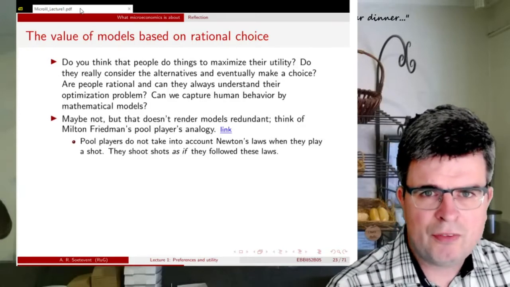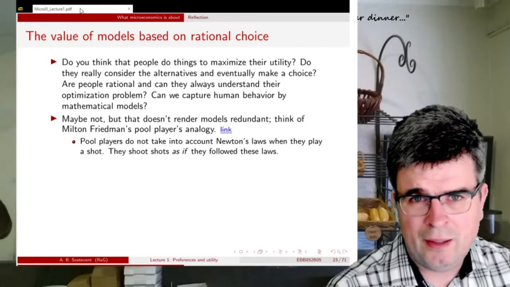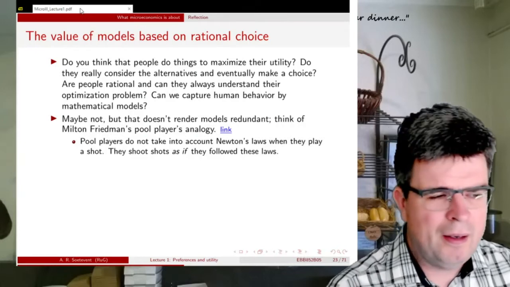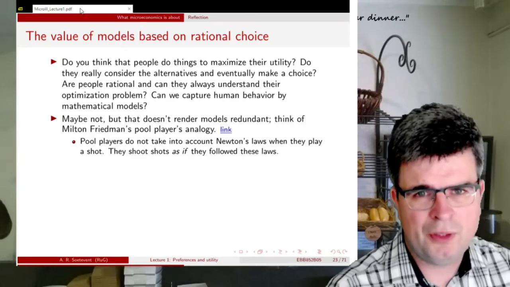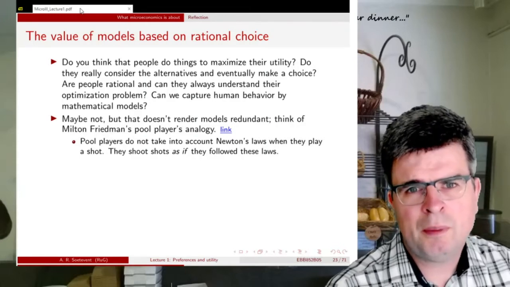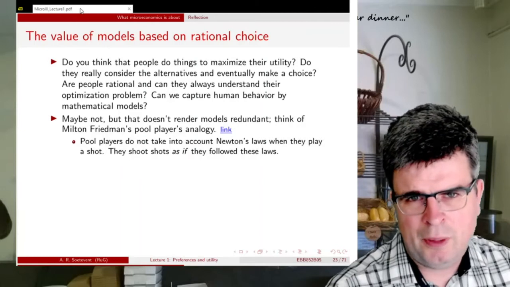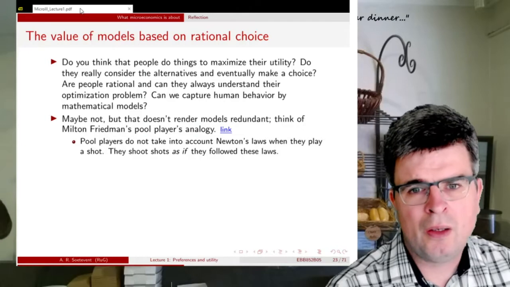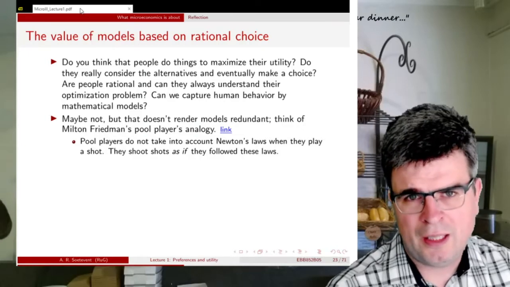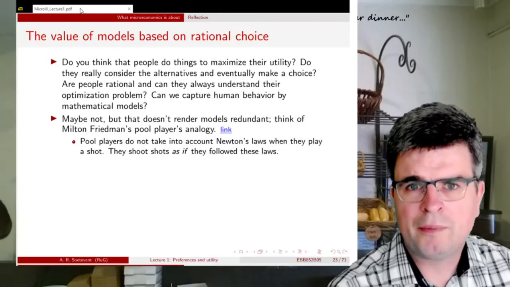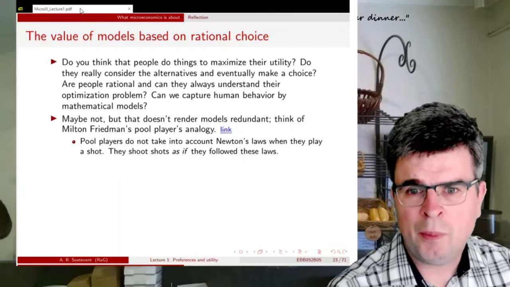People in practice, every time you drink a cup of coffee, it's much more likely that you don't think deeply about it, that maybe you also use a heuristic. But in many of the important choices that we make, it's clear that we act as if we would optimize a utility function inside our mind. We don't do it explicitly, but our behavior can be quite reasonably explained by assuming that we do.